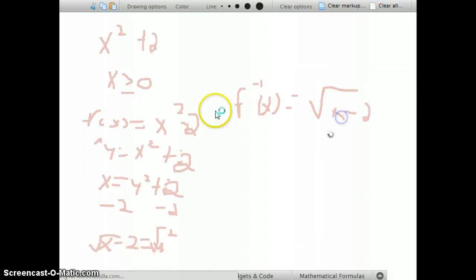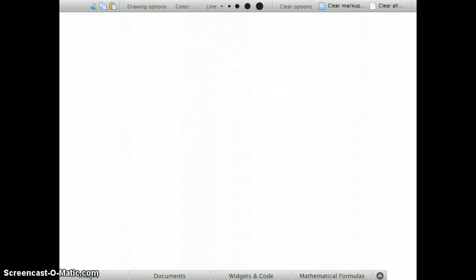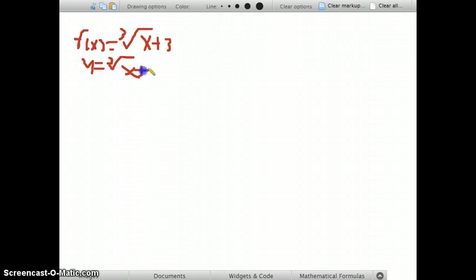Another one would be more like f of x equals the cubic root of x plus 3. So y equals cubic root of x plus 3.